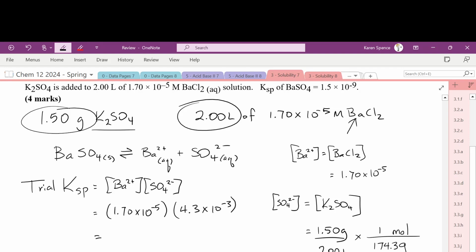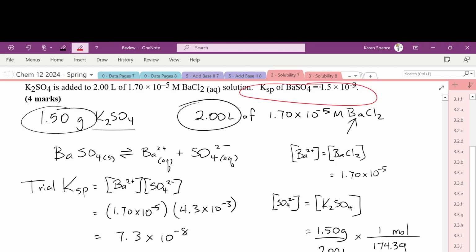And we multiply that by 1.7 times 10 to the minus 5. And we get 7.3 times 10 to the minus 8. Q trial, which is 7.3 times 10 to the minus 8, is bigger than Ksp, which is 1.5 times 10 to the minus 9.